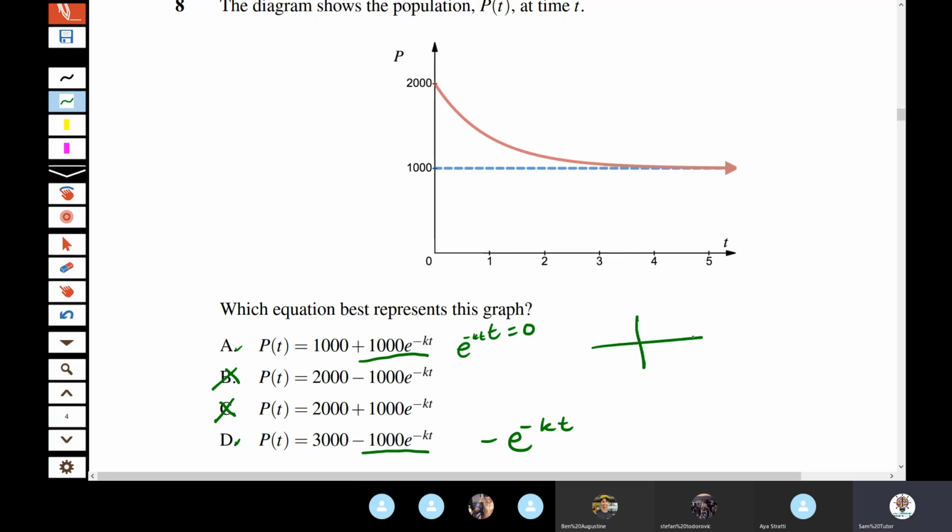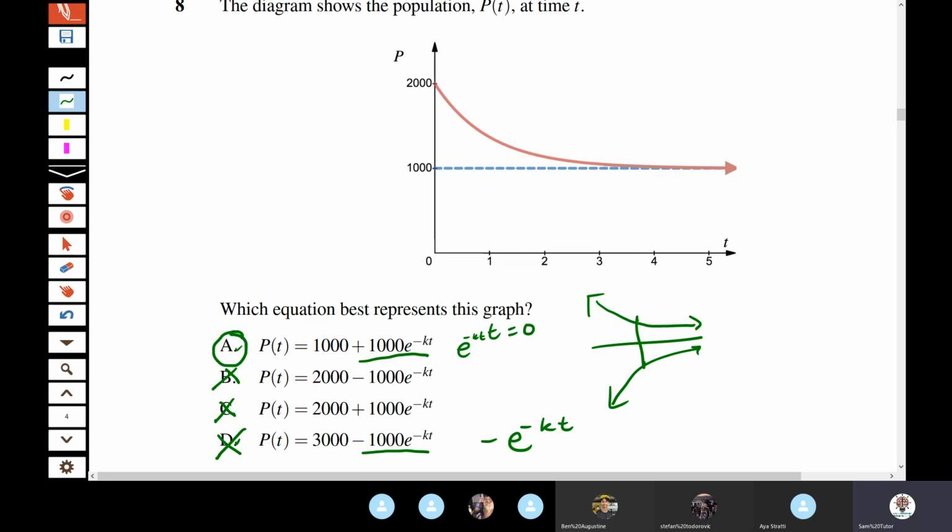Let's have a look at each one. e to the negative kt looks like this. Negative e to the negative kt looks like this. From that we already know which one the answer is. It can't be this one. It's got to be a.